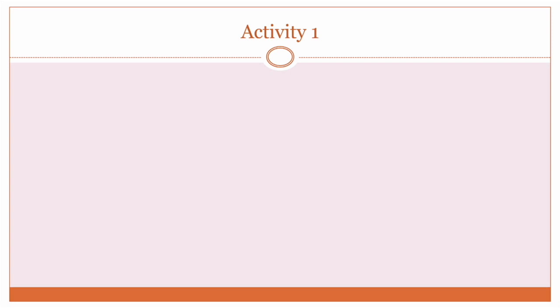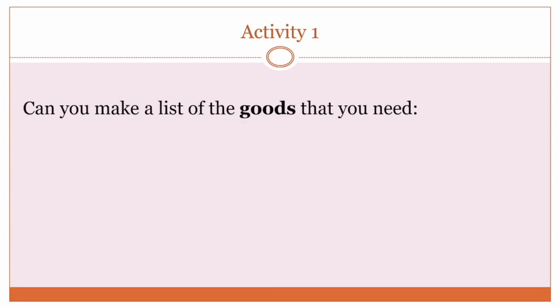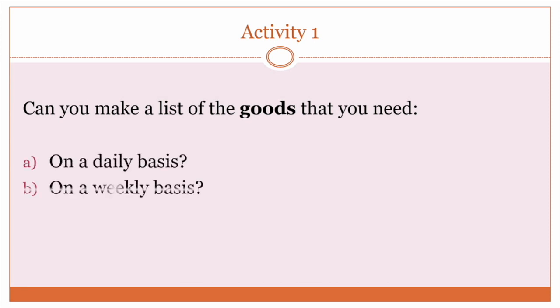As an activity, can you make a list of the goods that you need on a daily basis and on a weekly basis? Let us now look at some examples of services.